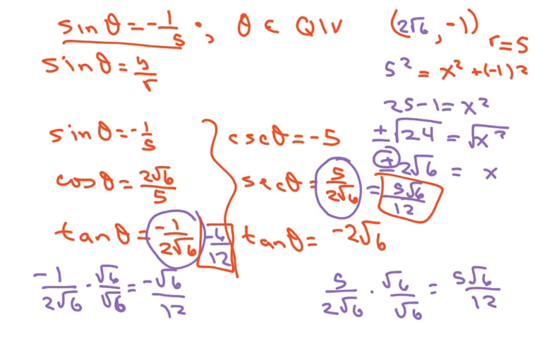All right, let's just do one more. Let's see, tan of theta equals 2, and we are in quadrant 1. So basically, this is over 1, so this is your y and your x.